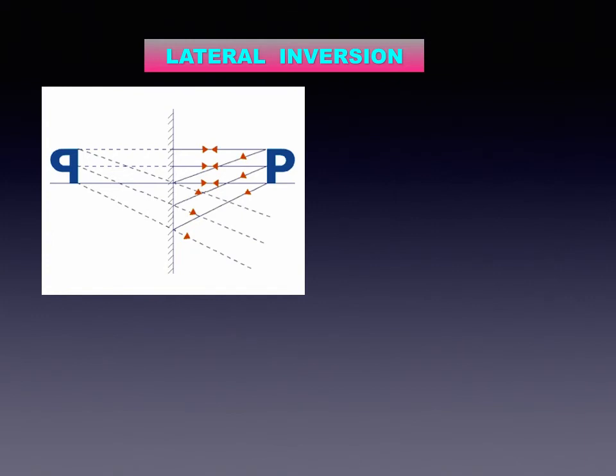The image of every point of the word is formed behind the mirror at the same distance from the mirror. Because of this, the left and right sides of the image interchange. Hence, if we hold a page of a book in front of the mirror, we see laterally inverted letters in the mirror, and this is called lateral inversion.